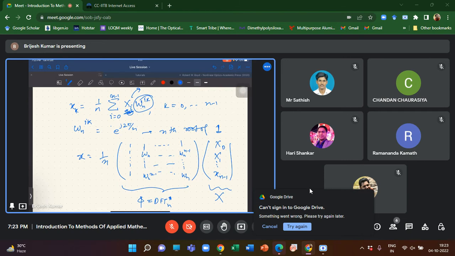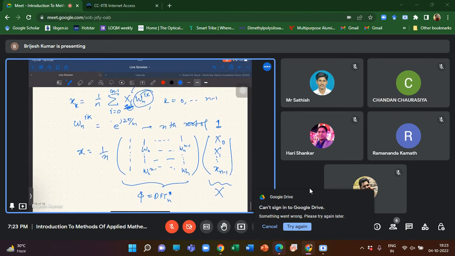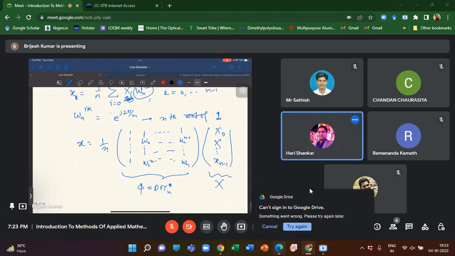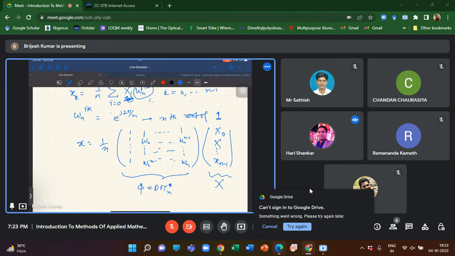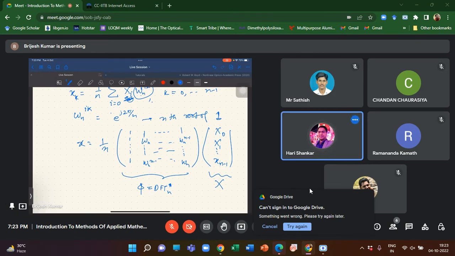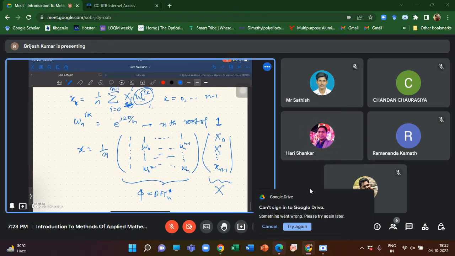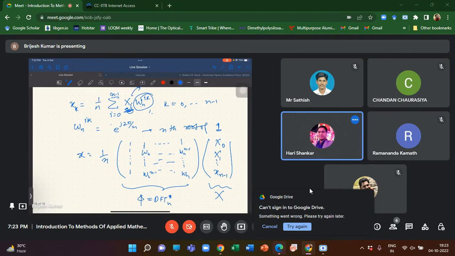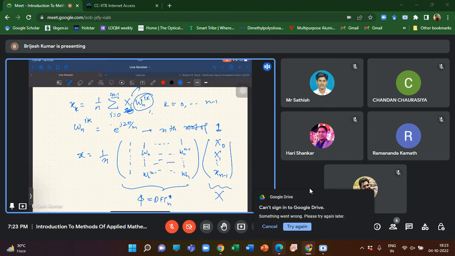Have you understood? Can you understand how we wrote that? Which one, this one or this? The matrix form, how the matrix form came from the expansion. This is in the summation form.